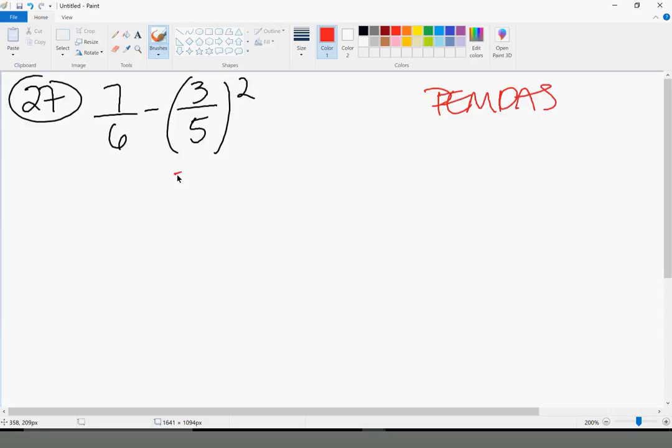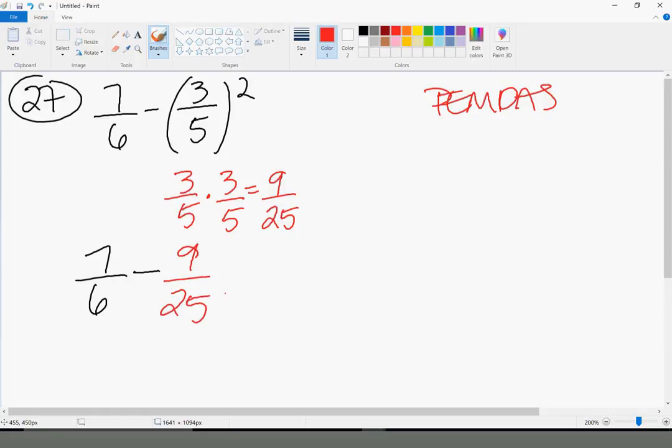So this is going to be 3/5 times 3/5 that we're going to take care of first, which is going to be 9 over 25. So it's going to be 7 over 6 minus 9 over 25.